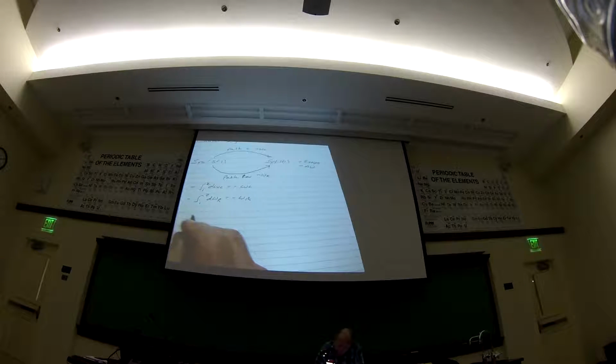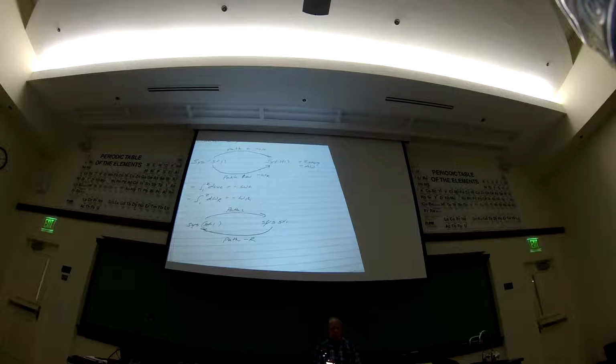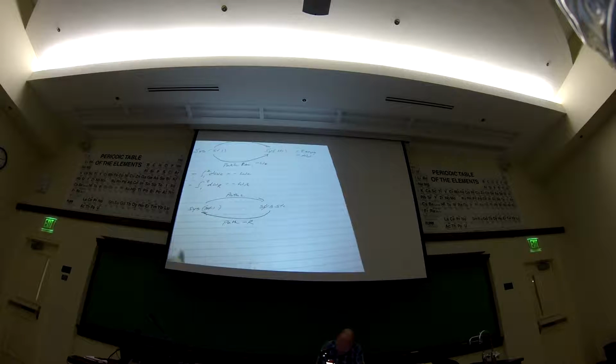So now we go state one, state two, and we come back by minus path R. This creates a cycle for which delta state is 0.